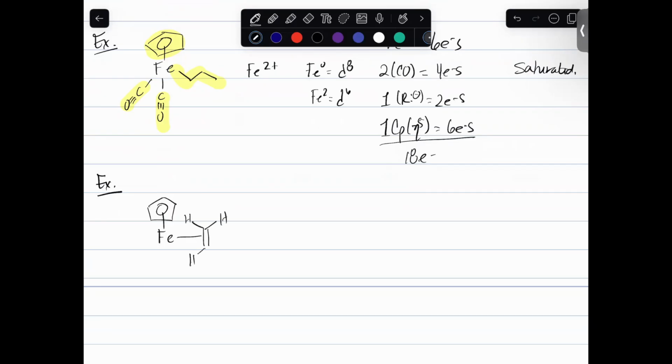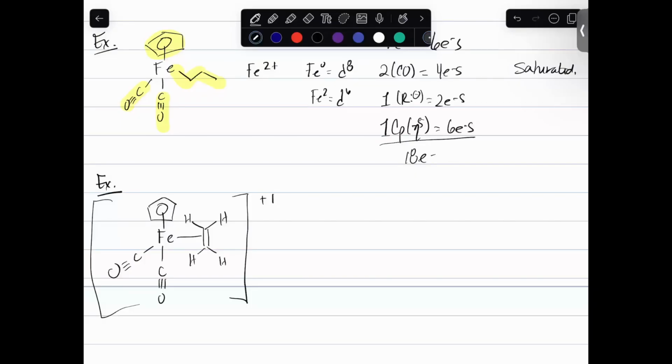This one's a little intimidating, but I'll show you how to approach it. Okay, so iron has 3 neutral ligands, right? So it does have the cyclopentadienyl, which is a -1.